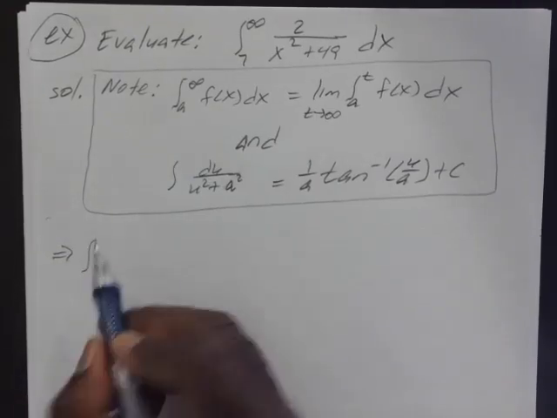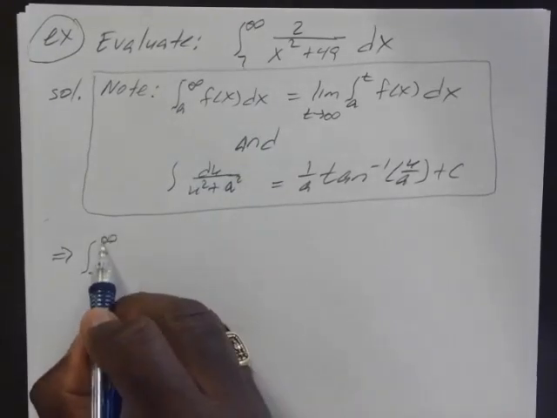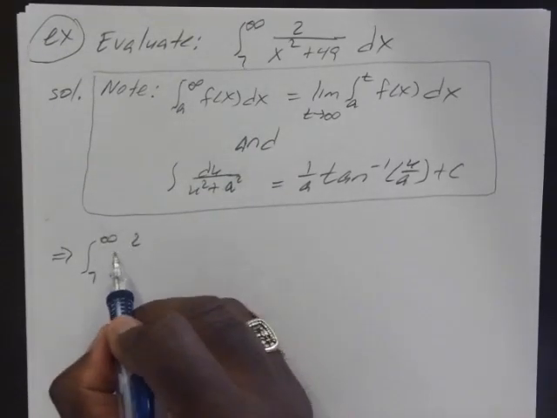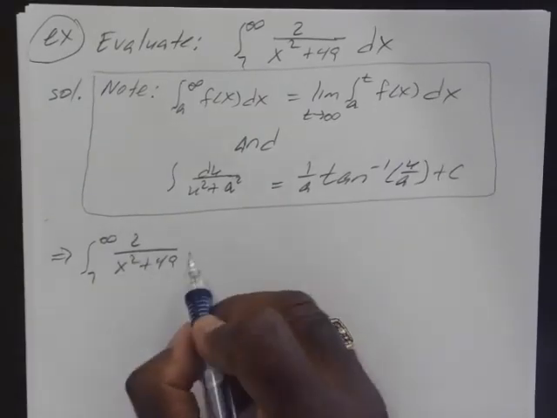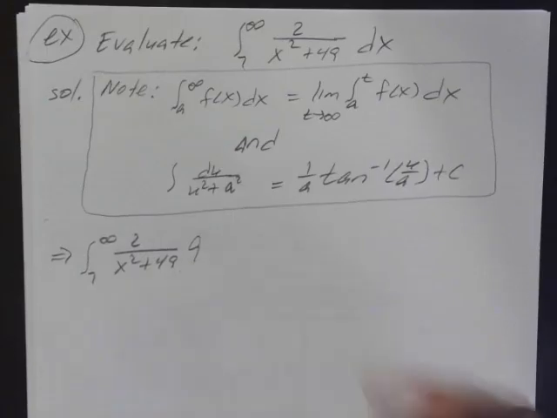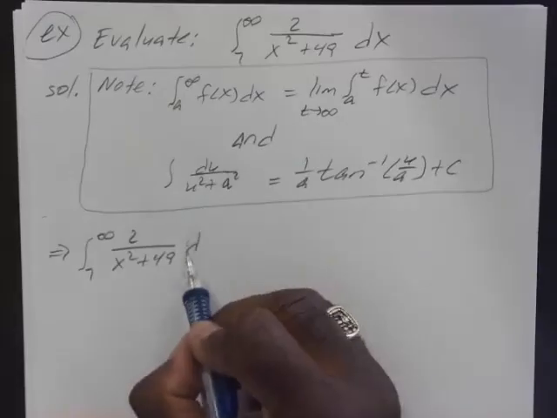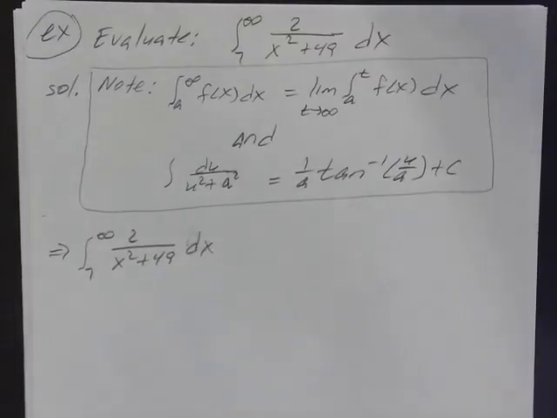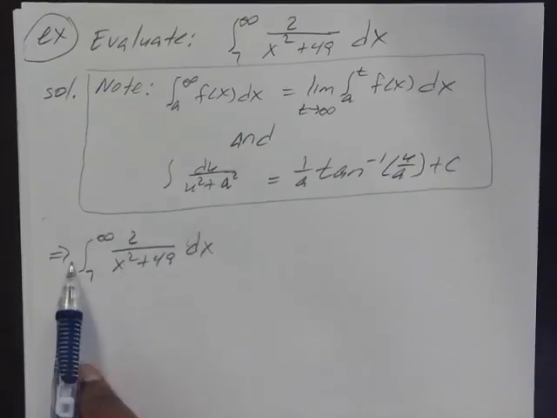So we know that that integral from 7 to infinity of 2 divided by x squared plus 49 with respect to x, we can get that 2 and just factor it right out to the front.